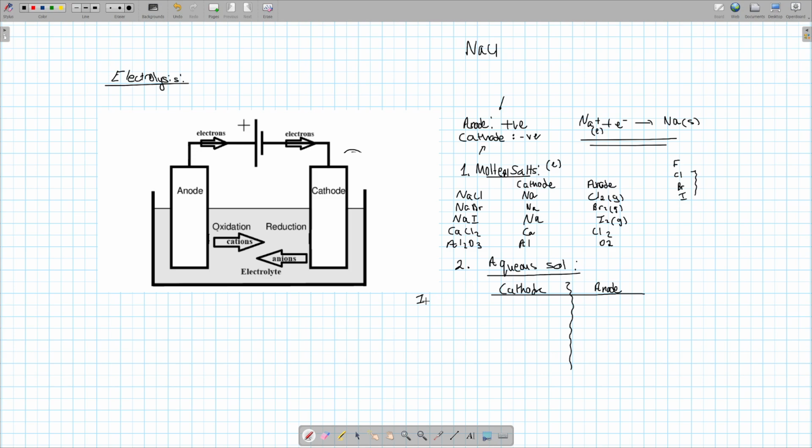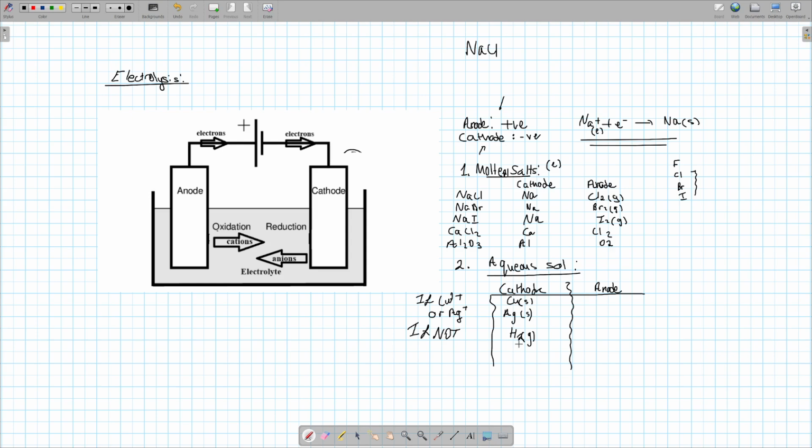If you have Cu2 plus or Ag plus, then at the cathode, you're going to get what? Obviously, the metal goes to the cathode. You're going to get Cu solid and Ag solid. If not, you always get hydrogen gas.